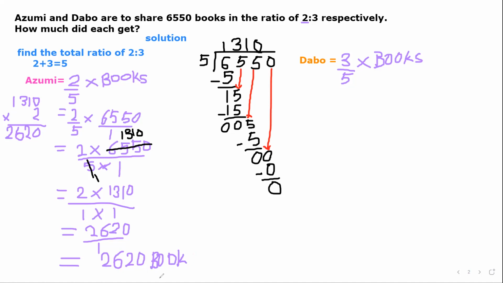And write the books well. Books. Okay. Good. Now let's go back to Double. Double's fraction is 3 out of 5 times the total quantity, which is 6,550.